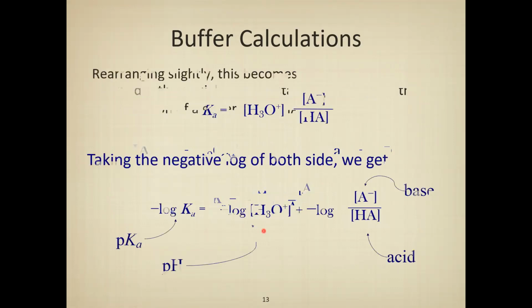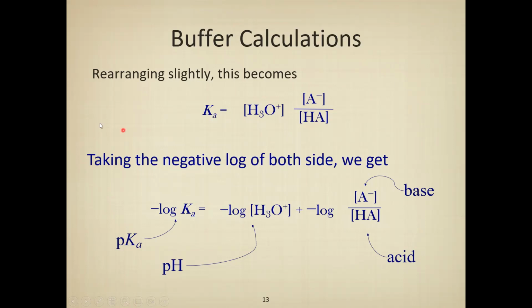We're then going to be able to take this equation and rearrange it a little bit. So if we pop the hydronium ion out in front, we can have hydronium times the conjugate base over the acid, and this is equal to Ka.